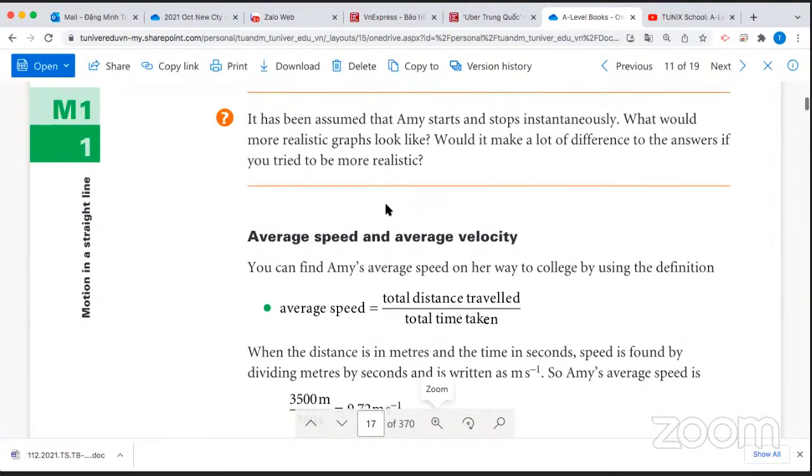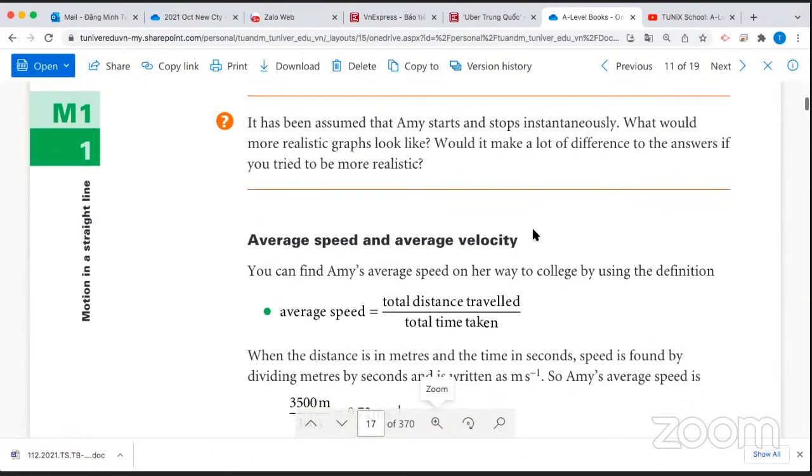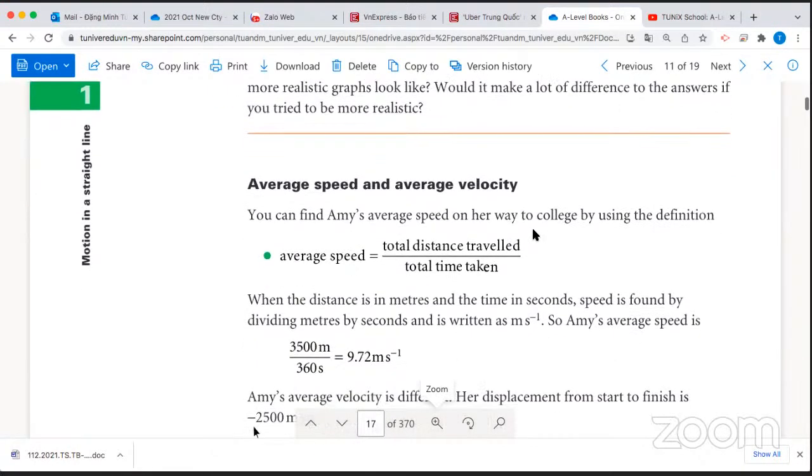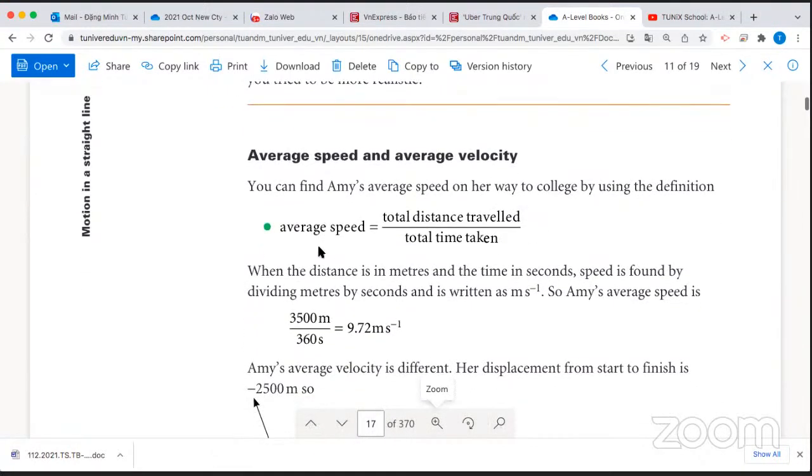Now look at this one. When we have motion in a straight line, we have average speed and average velocity. The average speed is the total distance traveled over the total time taken. In this case, you should think that the total time taken includes the rest time.